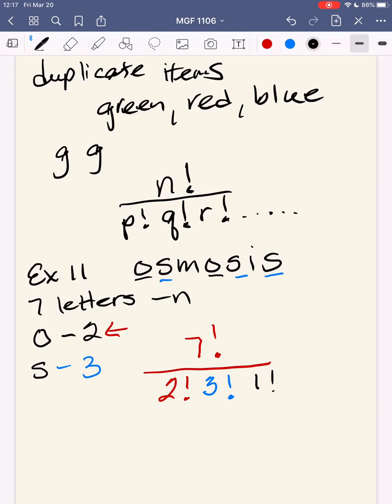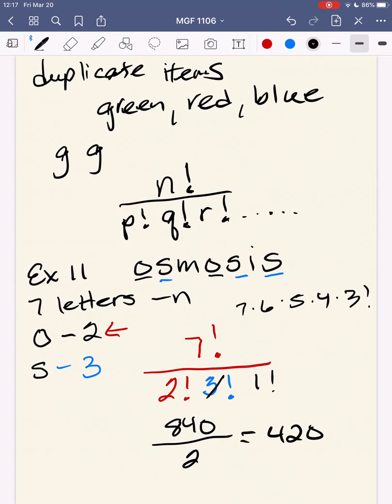Okay, when I multiply this gives me 840 choices for 7 divided by 2. Okay, so what I did is I canceled out the 3 factorial, and I end up with 420. Okay, so I wrote out the 7 times 6 times 5 times 4 times 3 factorial and then canceled out the 3 factorials.